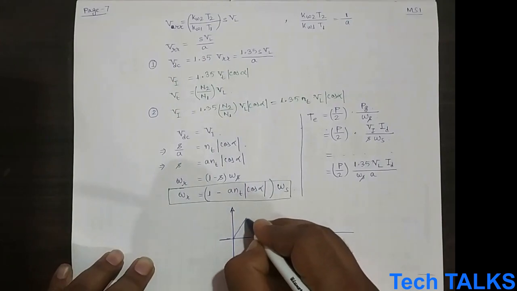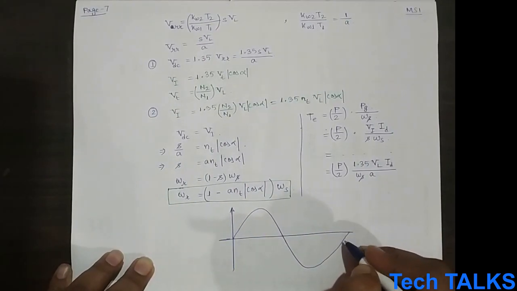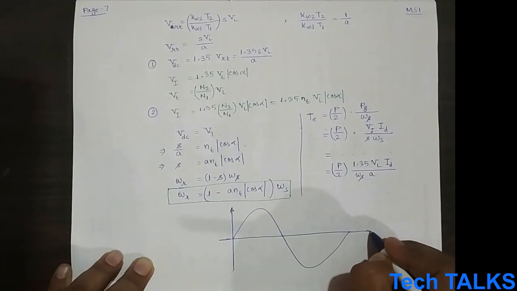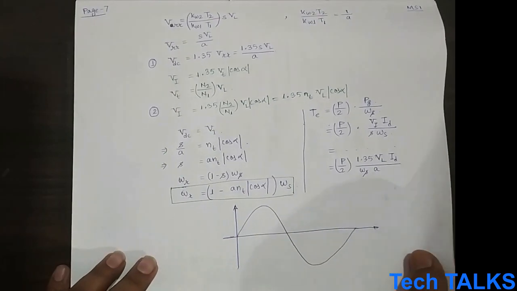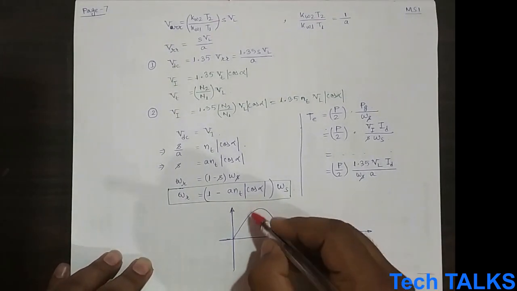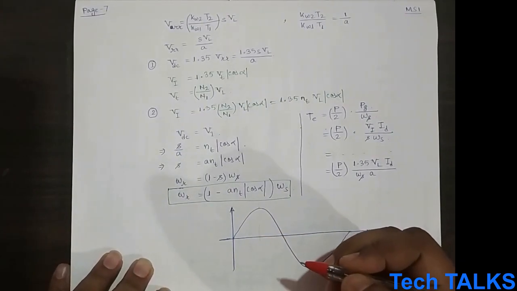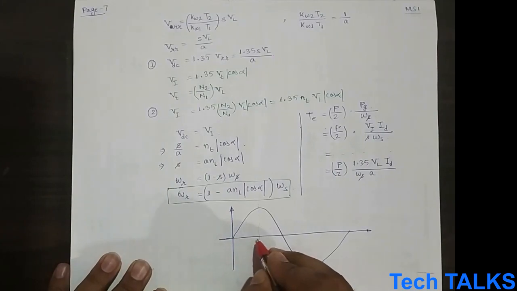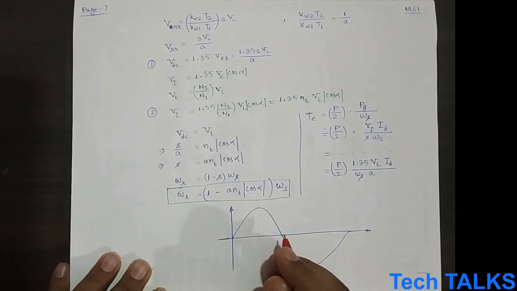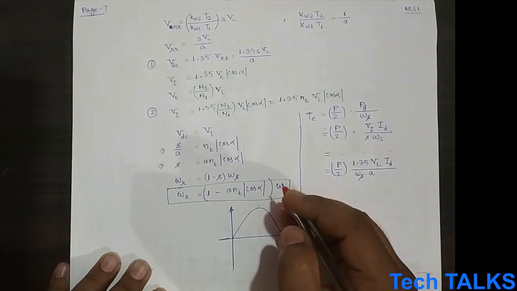If this is the fundamental of the per phase voltage that you are giving to the motor, then this is actually 90 degree. I had explained earlier that the power factor will be from cos phi, where phi will be from 90 degree to 180 degree.